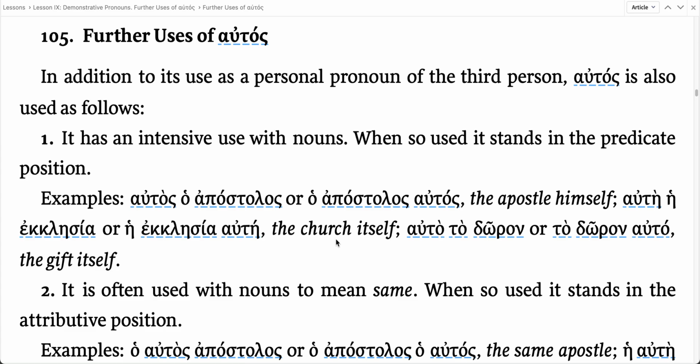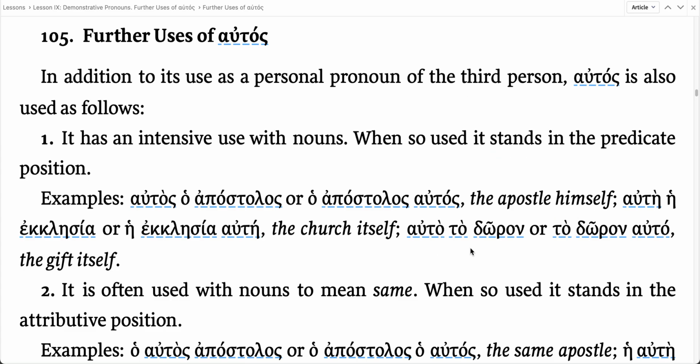You could say the church herself. That's why in the King James sometimes you will see things like that, because it's a feminine noun, but really you could say the church itself. So it's that intensive idea. It's not just that the apostle did something, it's that the apostle himself did something. Get the point of that? See the distinction of that?